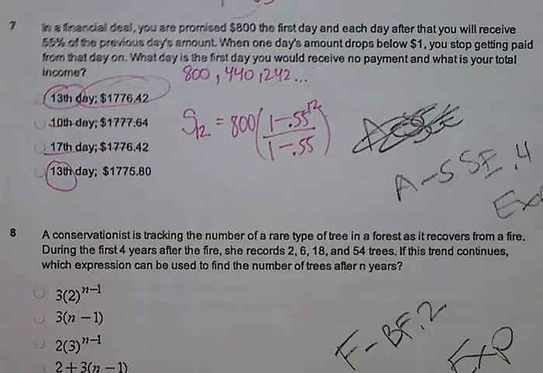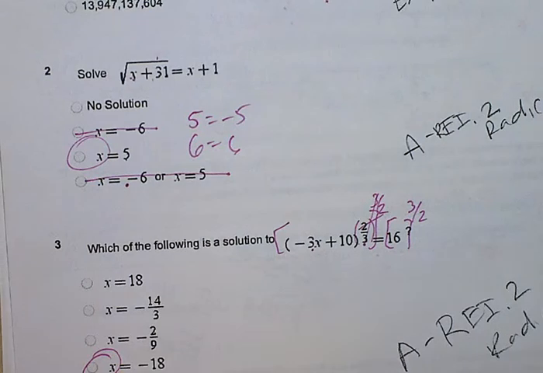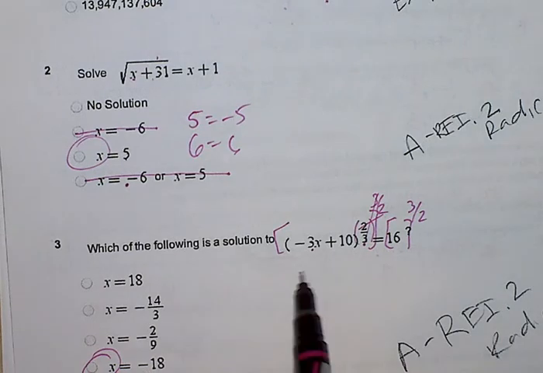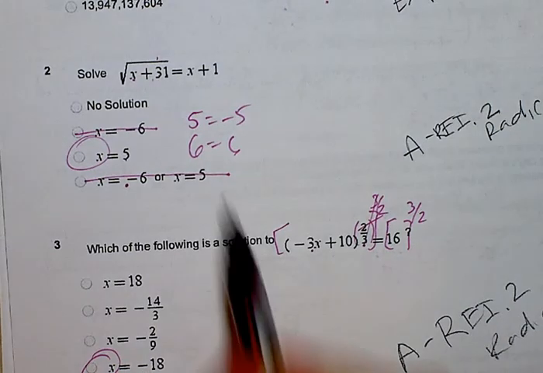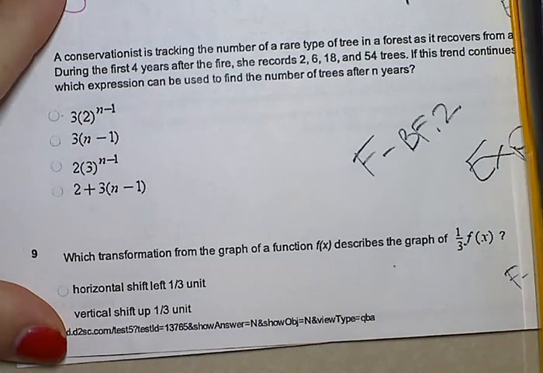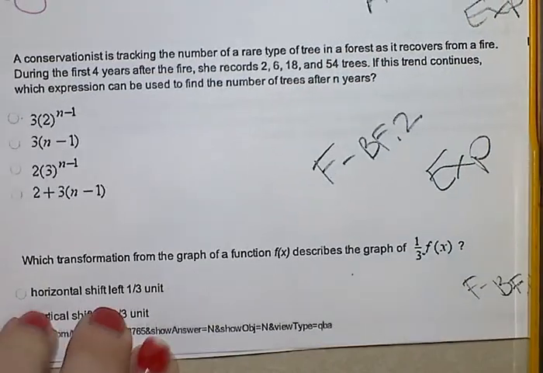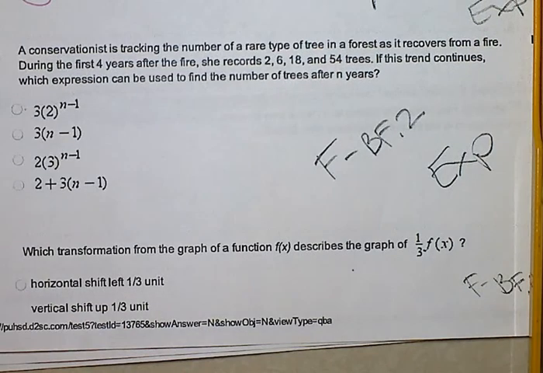Now this next one, which is number 8, to me, it's very similar to number 2 and 3, which means sometimes it's faster to do a mathematical way, sometimes it's faster to cheat. Again, cheating does not mean looking at your partner's answer. Okay, so here we go. There has been a fire in a forest, and a conservationist is going to determine how many rare types of trees exist after this fire.